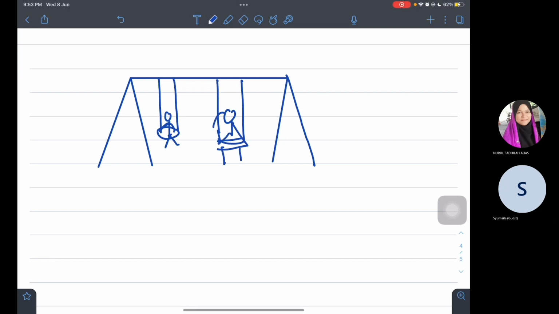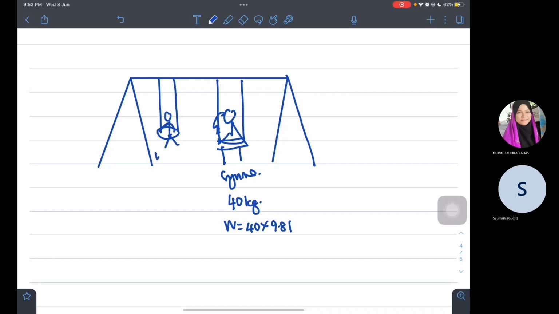Ni Syuman. What is your weight? 40 contohlah. 40 kg, jadi weight dia 40 times 9.81. Tekanlah calculator. So that's the weight.